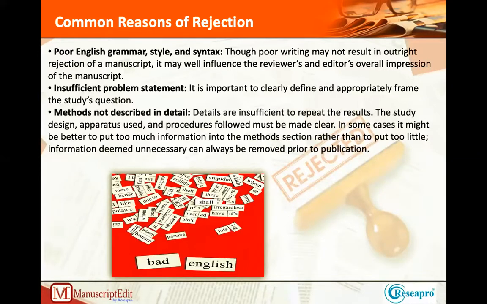The next reason is methods not described in detail. Your study design, the apparatus used, and procedures followed must be made clear. Some manuscripts reflect improper methodology of the work done in the research study.